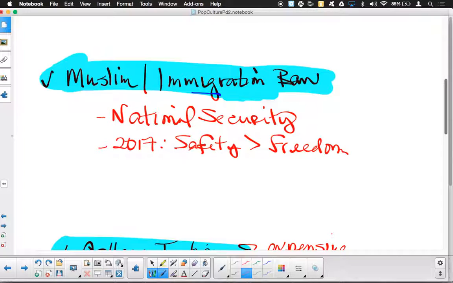I was saying you could argue this by asking, is it a Muslim ban? Because they came out saying it wasn't a Muslim ban, but just an immigration ban. So, is the immigration ban okay?